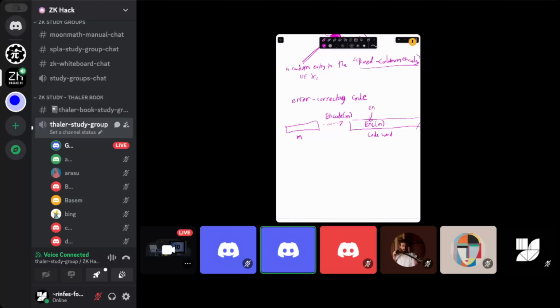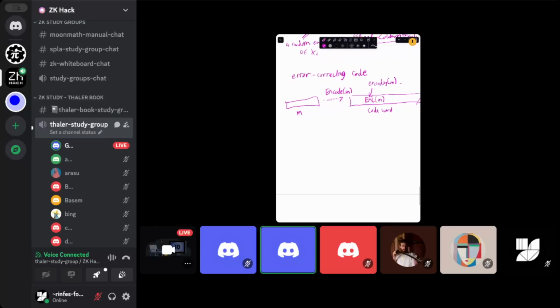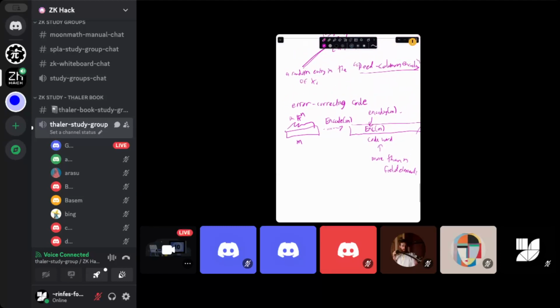It's encoding of M. And so if this message has n field elements, this code word will have more than n field elements. And so you think of the code word as adding redundancy. Like it's taking a message of length n and turning it into something much longer.